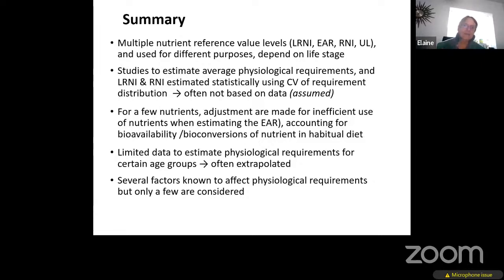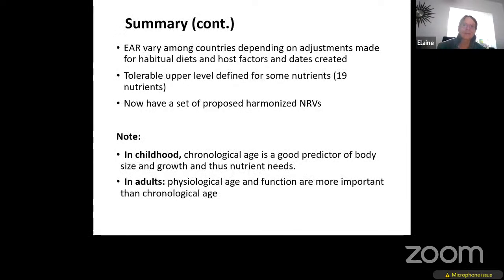And the key thing is that there's been limited data to estimate these physiological requirements, especially for certain age groups that are extrapolated from other age groups or sexes. And there are many factors known to affect nutrient requirements, but only a few are considered when these requirement levels have been set. So that's the nutrient requirements themselves, and they vary across countries depending on the adjustments made.